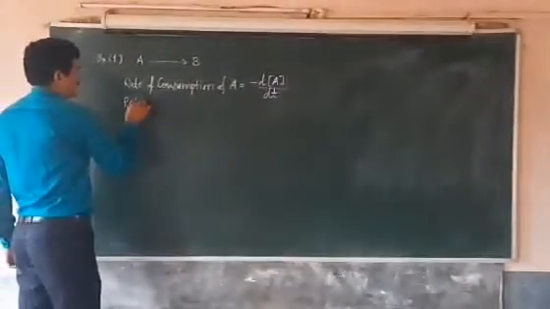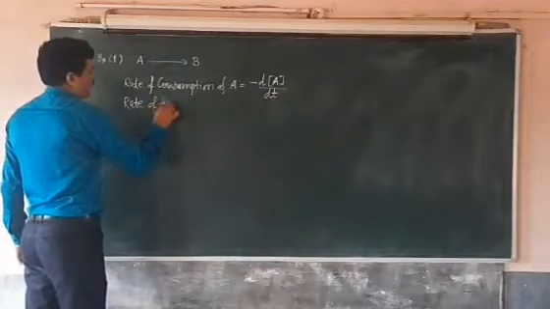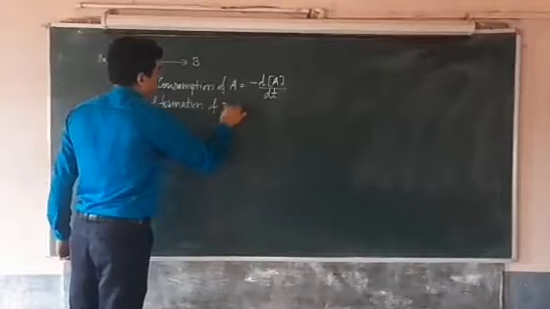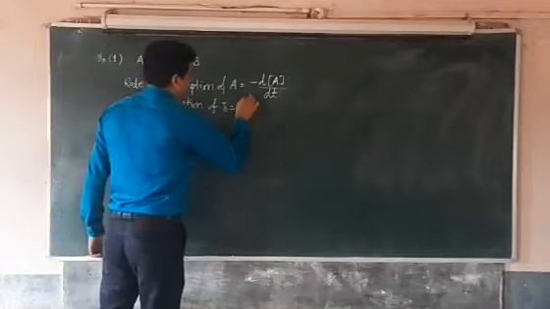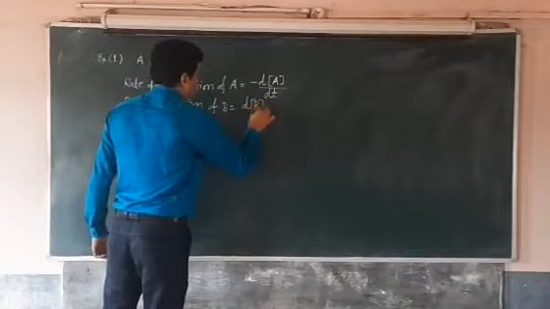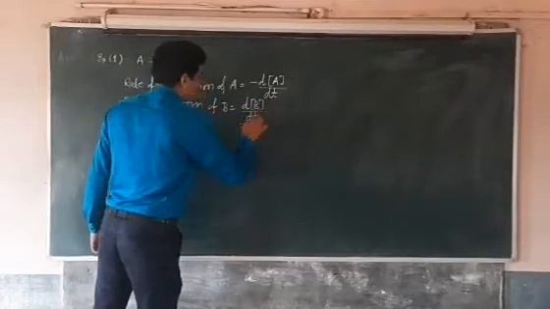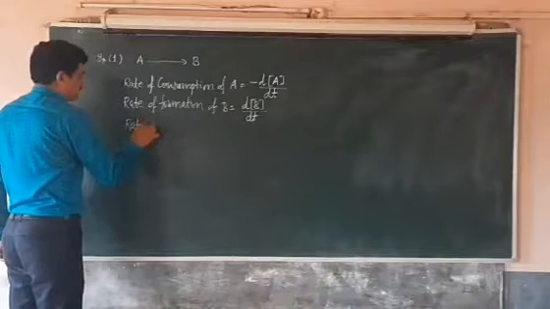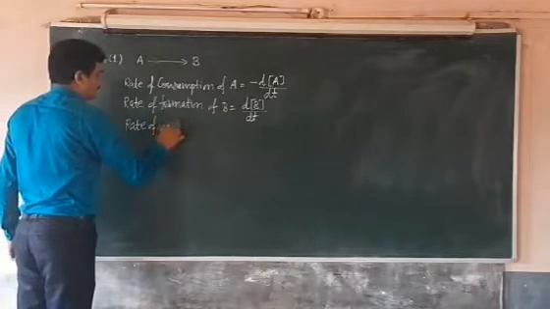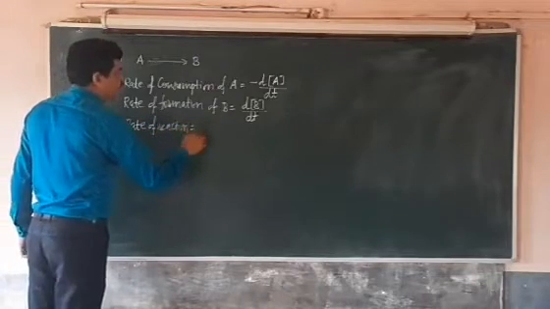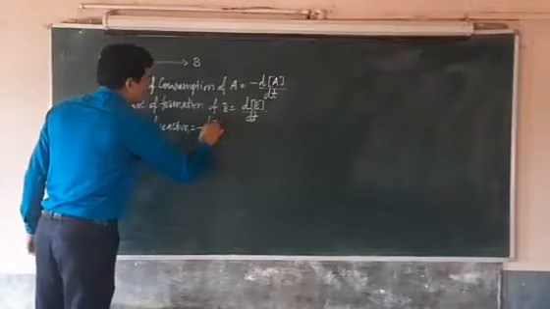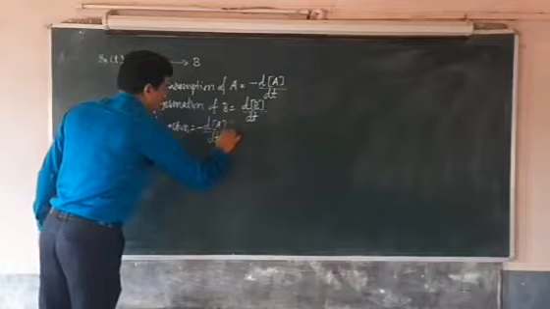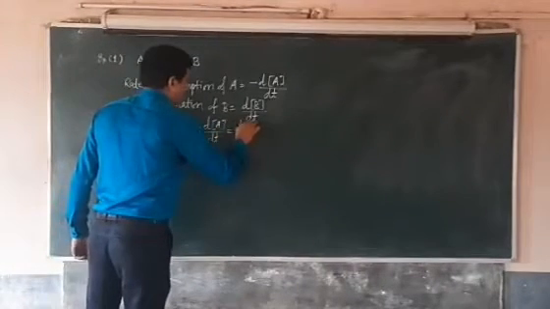Rate of formation of B is dB by dt, and the rate of reaction is equal to minus dA by dt, which is also equal to dB by dt.